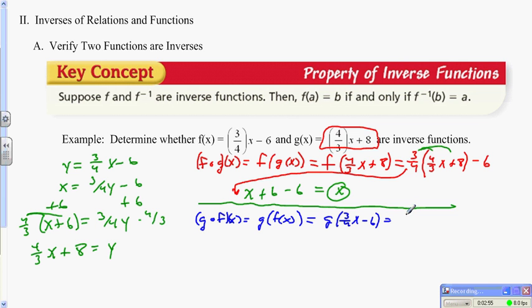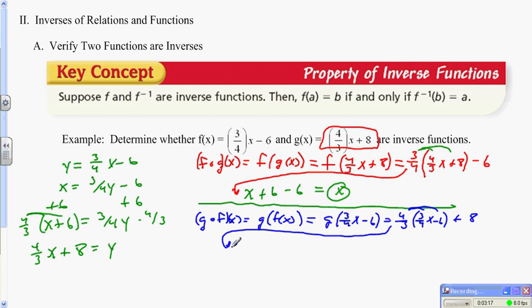And if I substitute all of that into the g of x function, I will get 4/3 times 3/4 x minus 6 plus 8. Again, we distribute.